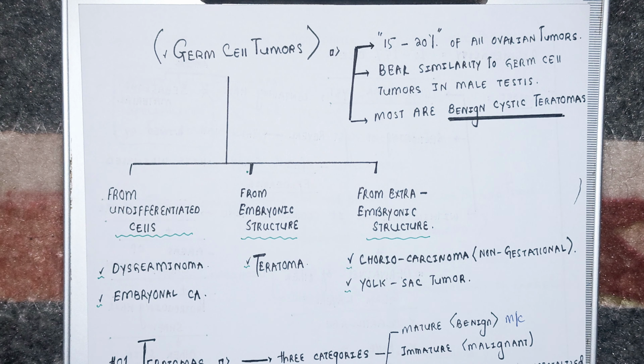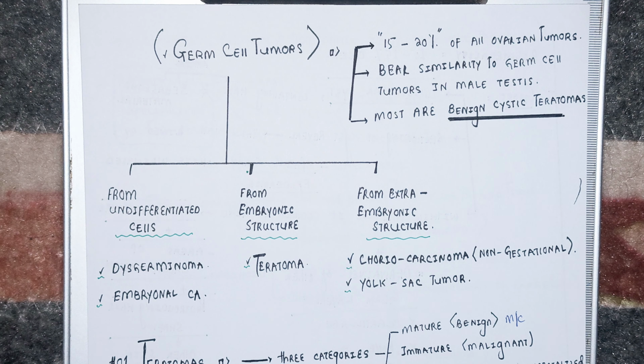In this particular video lecture, beta, I'll deliver the teratoma. So let's start with the teratoma. As I told you, it arises from the embryonic structure. This teratoma includes three categories.